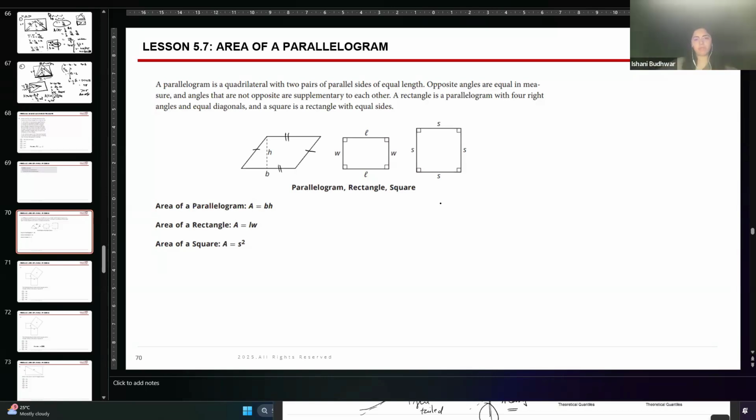So if B is the base and H is the height, area of a parallelogram is base into height, not half into base into height. That is triangle.